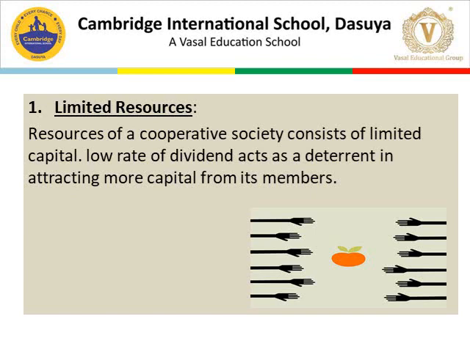Number 1, limited resources. Resources of a cooperative society consist of limited capital. Low rate of dividend acts as a deterrent in attracting more capital from its members. Now, a cooperative society has a limited number of members who contribute capital to the organization, and in return they get dividend at a very low rate, due to which they are not motivated to invest more in the society.